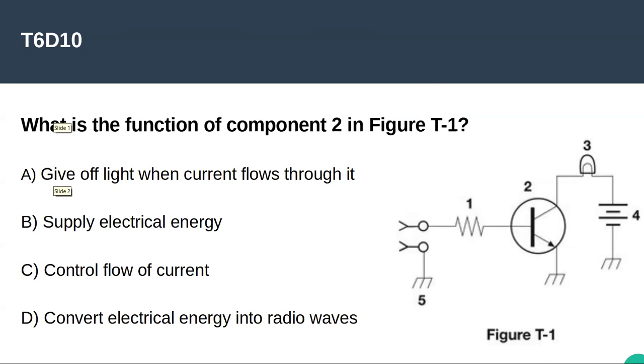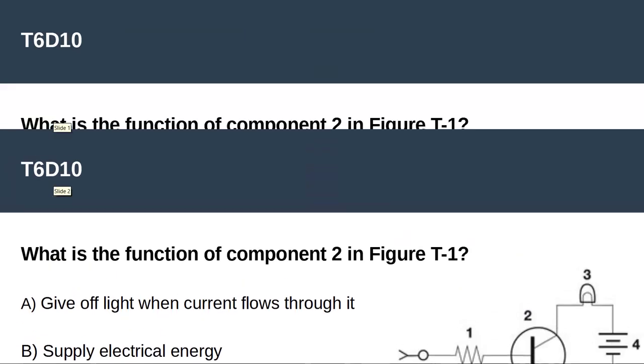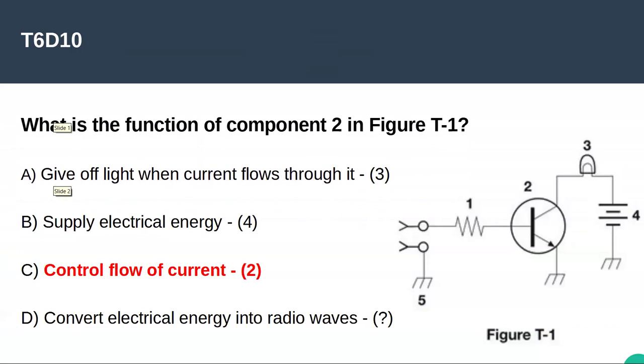What's the function of component 2 in the drawing? Now, if you weren't here last week, you probably missed that. But it's C, control flow of the current, which is what a transistor is used for. Either a current or voltage, depending on the type of transistor, can control the current through it.